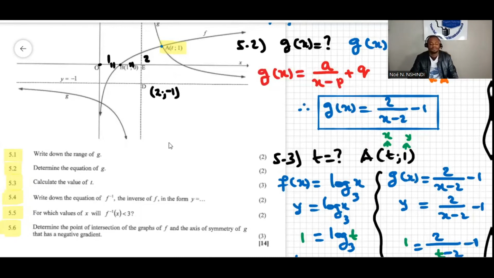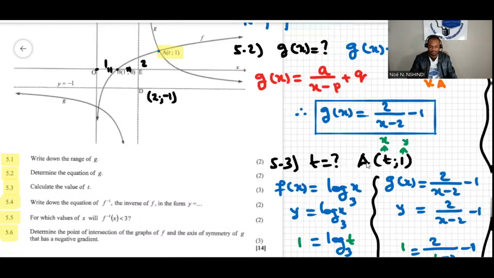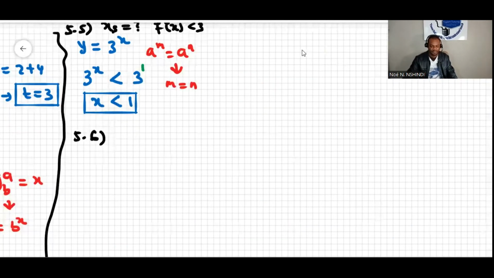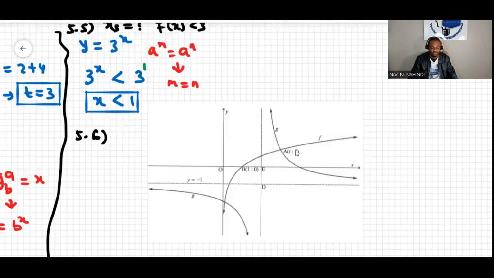Well, we need to understand that this has an equation, or maybe I should reproduce the same diagram over here, so we have a better insight into the equation. So this is the same diagram. Now we want the point of intersection between the graph of f and the axis of symmetry that has a negative gradient.